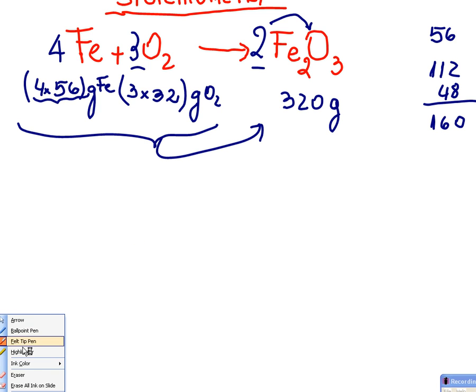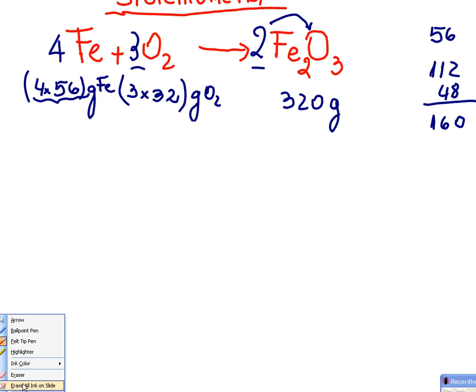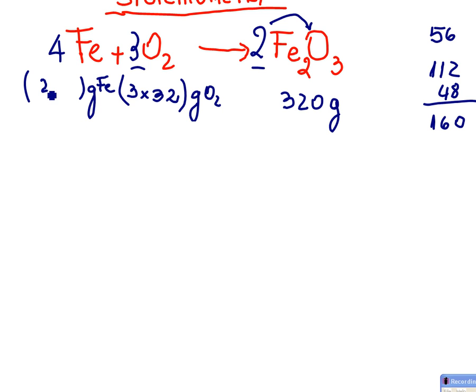Now, can you give me the numbers that we have? 4 times 56 is going to be 224. So I'm going to erase this and put 224 here. And 32 times 3 is 96.